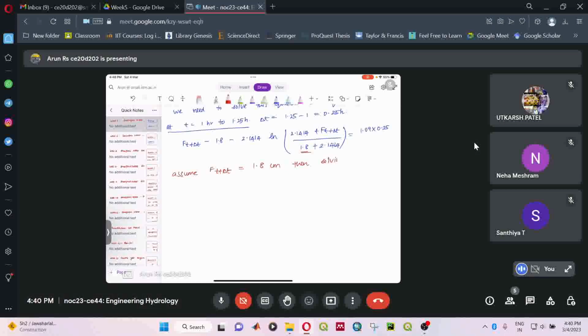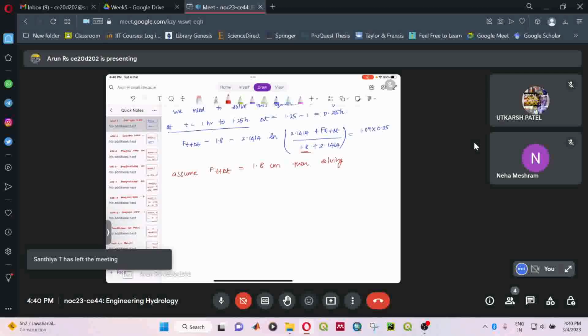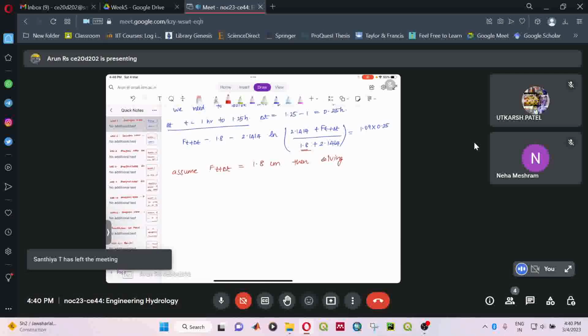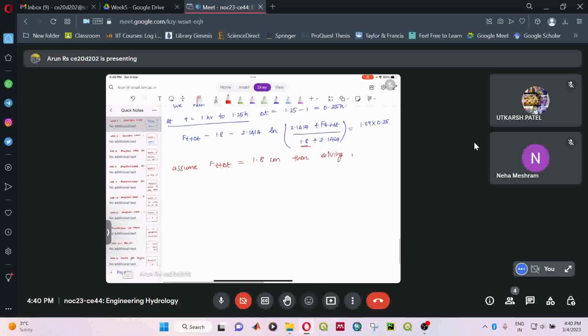You can solve this in your calculators; you can find a video on solving an equation iteratively in a scientific calculator. So we will get F at t plus delta t as 2.354 centimeters.